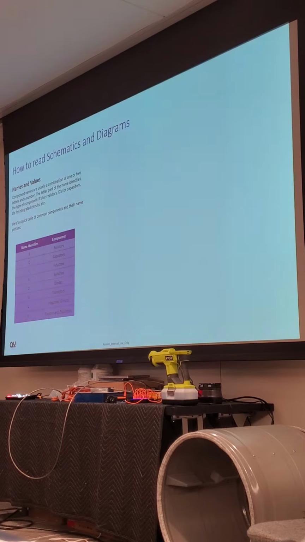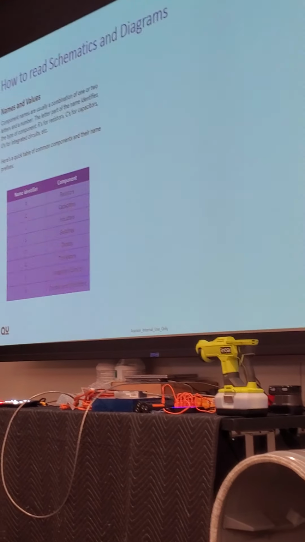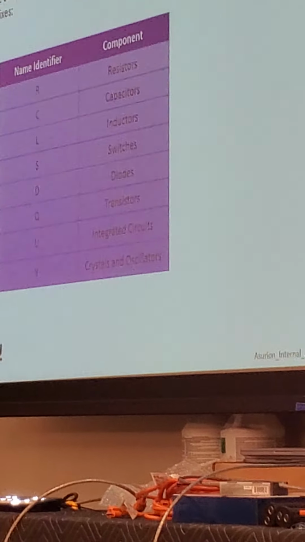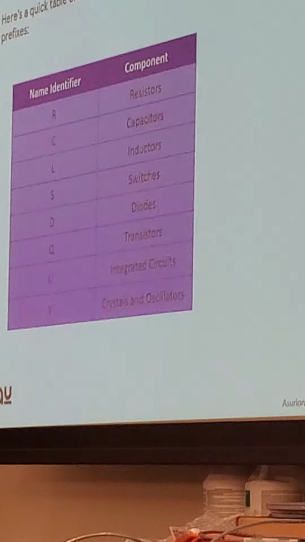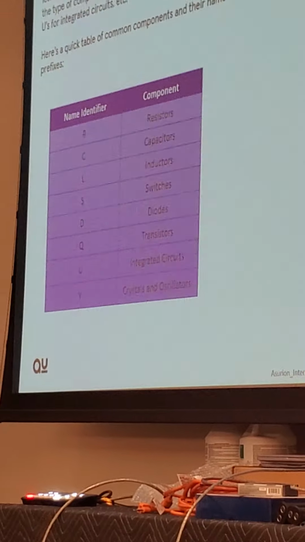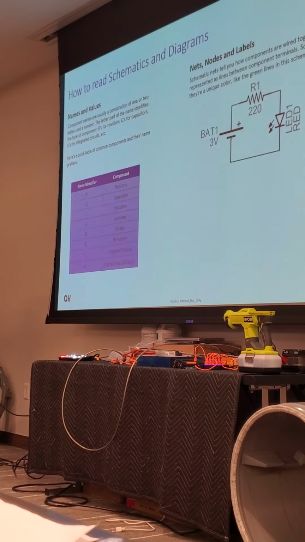Reading schematics, here's some codes you need to be able to read schematics: your name identifier and the components that they are. So we have our battery source, we have a resistor, and we have an LED. What does LED stand for?